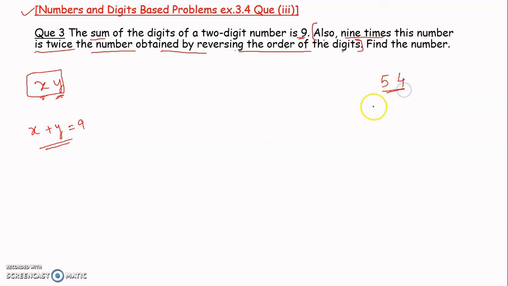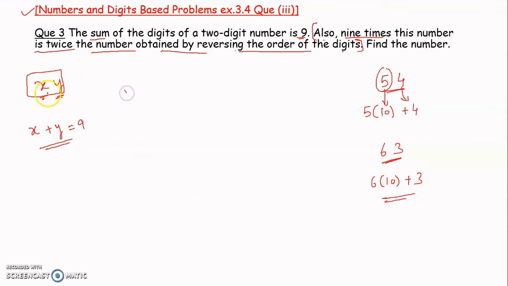We can represent 54 as 5 multiplied by 10 plus 4, right? 5 is the tens digit, so we multiply with 10, and 4 is the unit digit. Same way if the number is 63, then we can represent 63 as 6 multiplied by 10 plus 3, right?